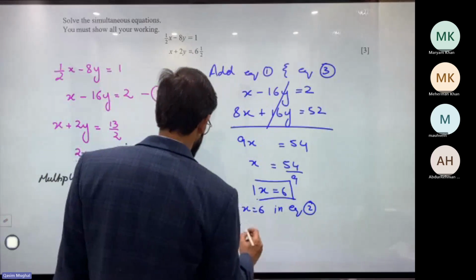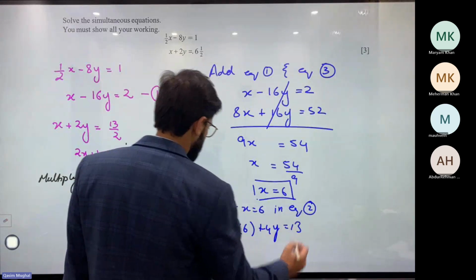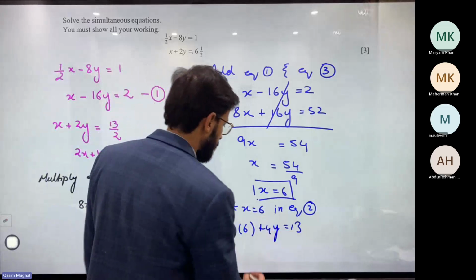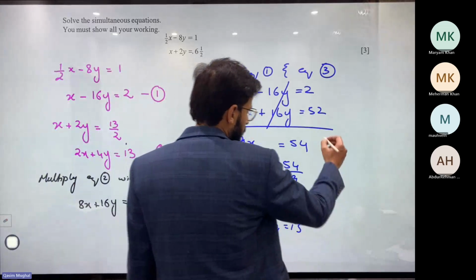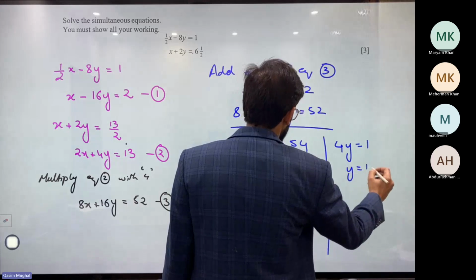So 2 into 6 plus 4y equals 13. So 2 6 are 12, 13 minus 12 is 1. So 4y is equals to 1. Y is equals to 1 by 4.